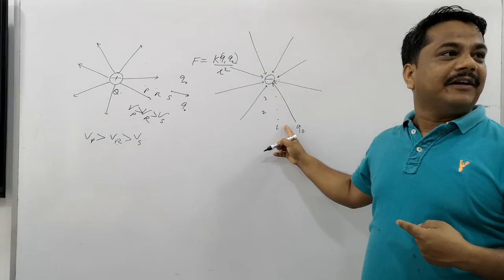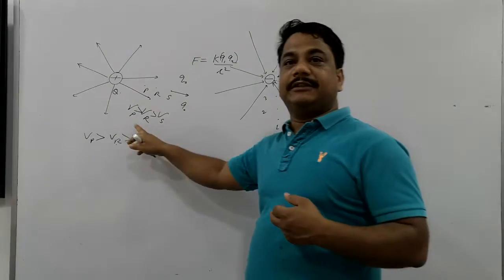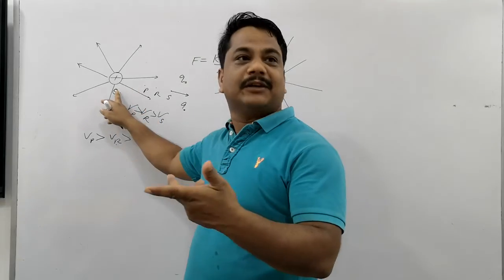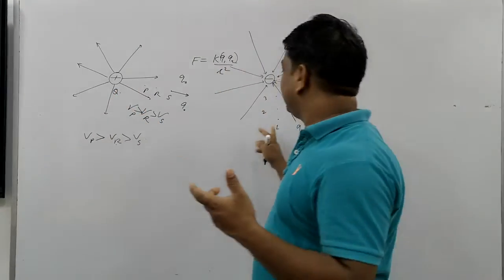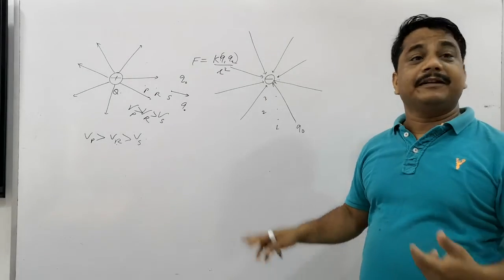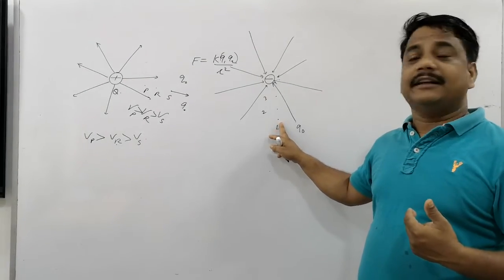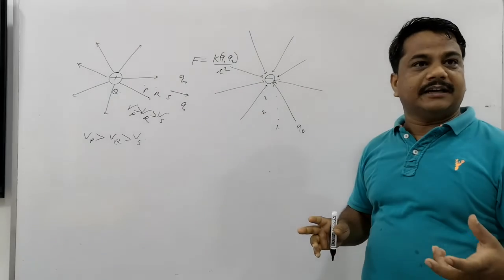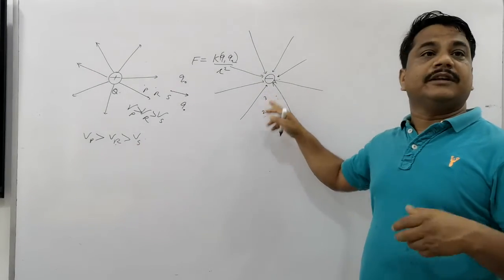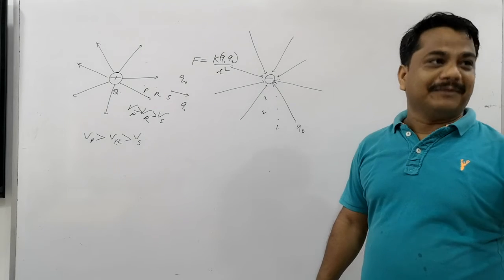At point 1. Why? In the case of a positive charge, the potential at a far point is less than that at the closer point. Or, oppositely, the potential at the closer point is less than at the far point. The closer you are to the negative charge, the farther you are from the positive.